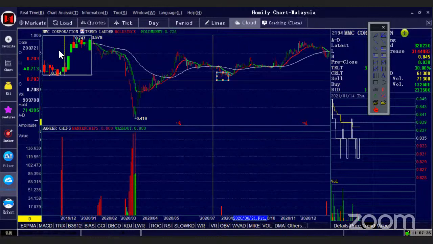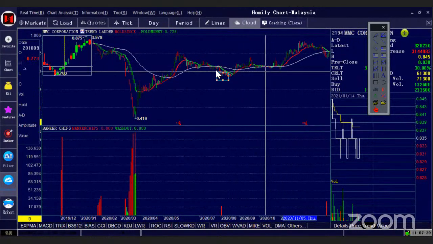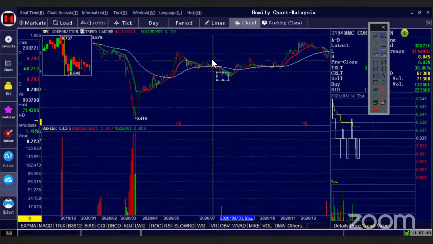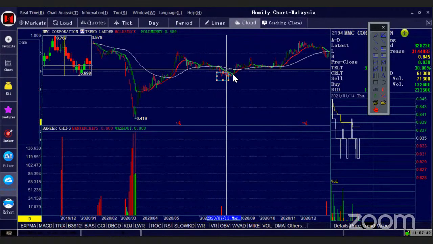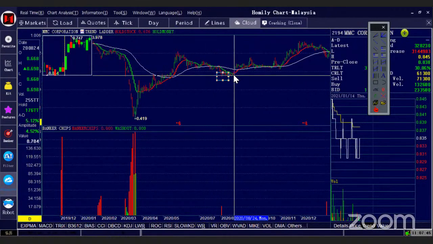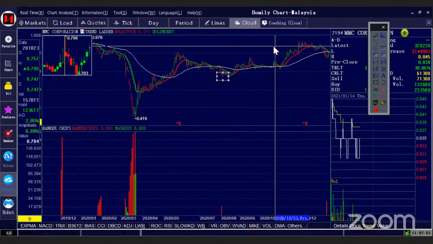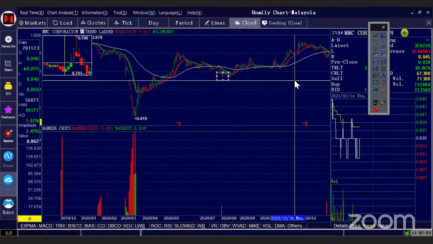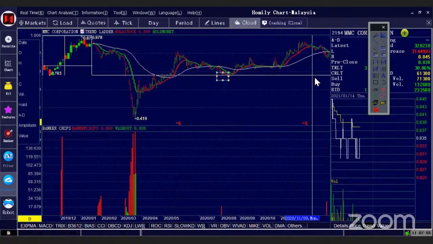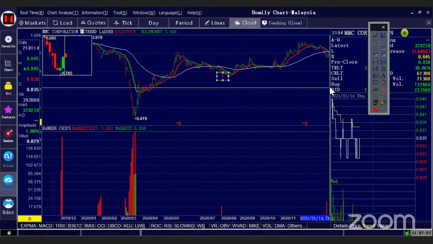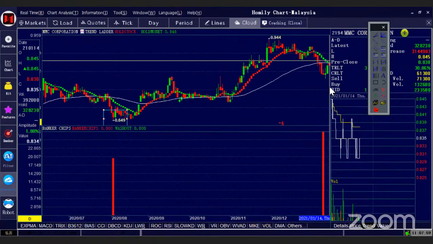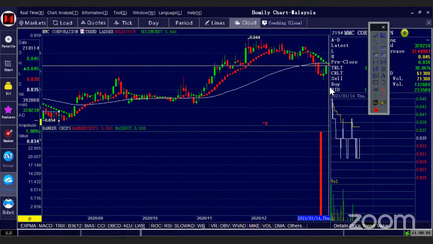I mentioned on right side, if you want banker chips to appear, at least the price should drop below the mean line of trend ladder. Remember just now when we checked iFast, the reason why iFast banker chips appear on the right side is because price already dropped below the mean line of trend ladder. Remember the chart I showed you? Yes, the chart I showed you just now is very important. It shows the possible positions where banker chips would appear, okay?